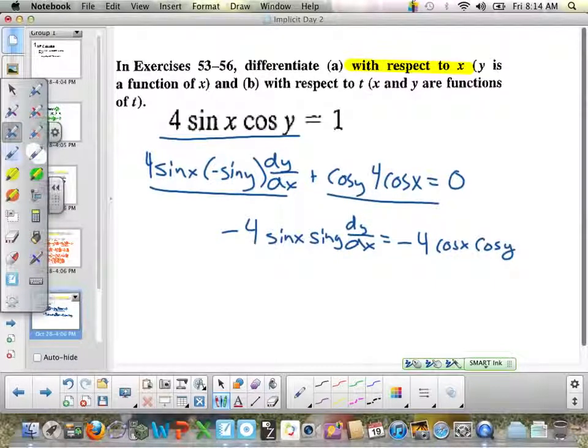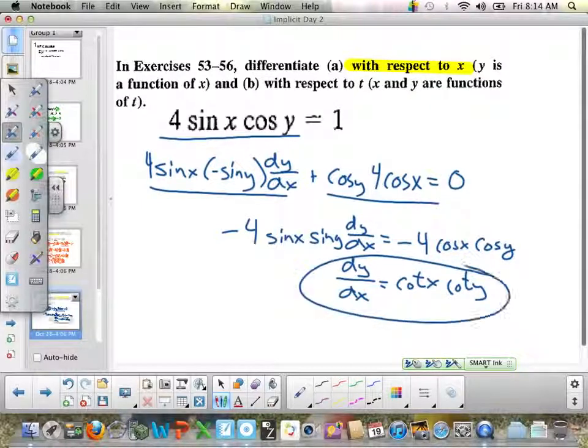Divide both sides by negative 4 sine x sine y. We got dy dx equals, the 4's cancel. The cosine x over sine x is cotangent x. And the cosine y over sine y is cotangent y.